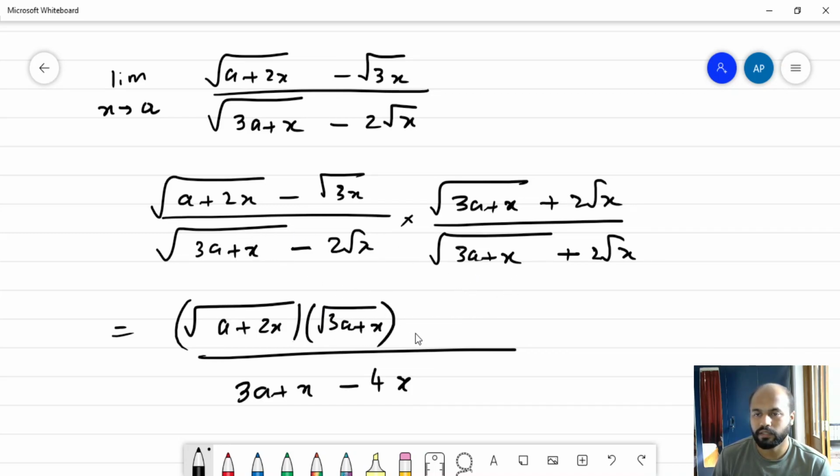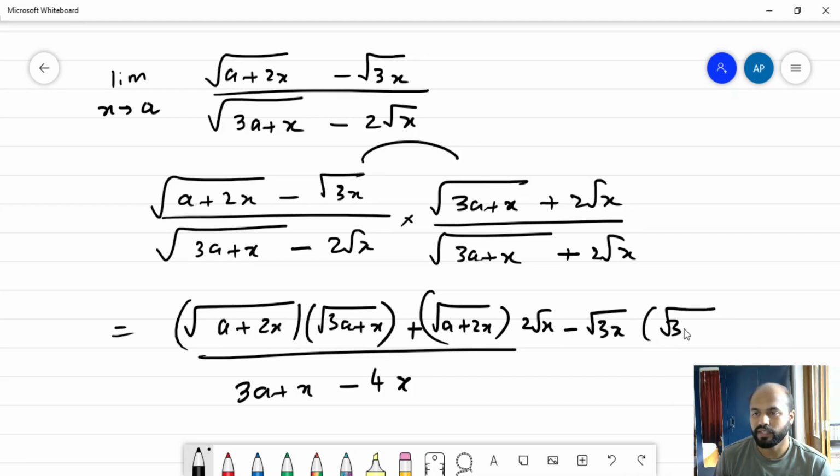This term into the other term, that is root over of a plus 2x into 2 root x. This and this term, that's going to be root over of 3x into root over of 3a plus x, and then the final term, that's going to be minus 2 root 3x.